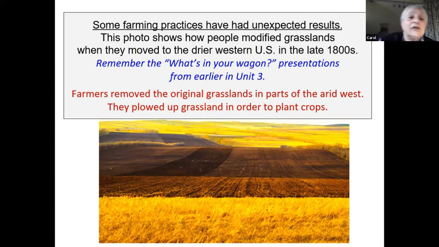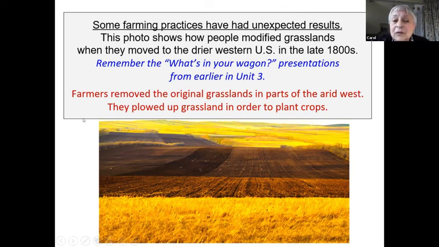I'd like to take us back, though, to the United States and some farming practices that had unexpected results. Do you remember how Andrea and Sharon had showed you grasslands? Well, if you go to North Dakota and Montana, for example, South Dakota too, you will see grasslands that have been turned into huge fields for growing wheat.